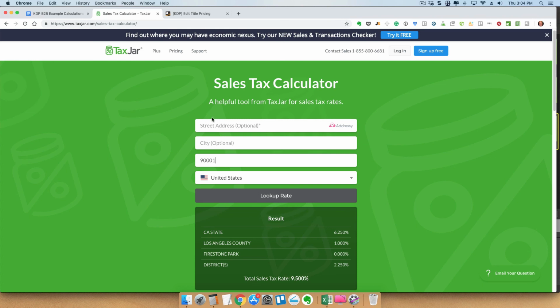I know. So you can put in your street, city. I just used LA as an example. So if you're in LA and zip code 90001, your tax rate is 9.5%. So instead of where I did $1.50 there, it was $45.72, right?